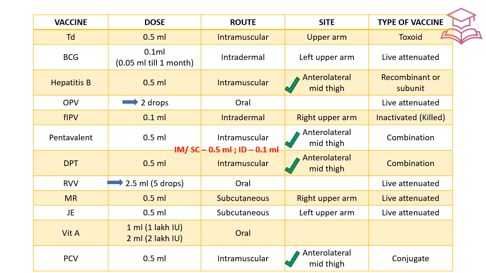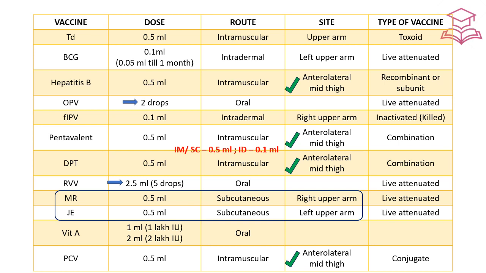Now the different intramuscular vaccines are hepatitis B, pentavalent, DPT and pneumococcal vaccine, and all are given in the anterolateral mid-thigh. Now the subcutaneous vaccines are MR vaccine and JE vaccine.